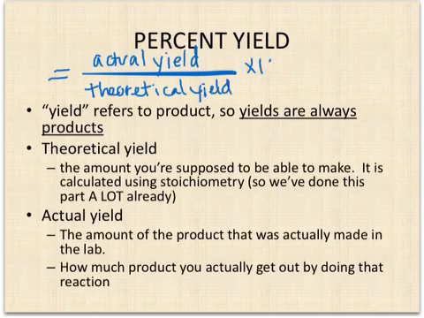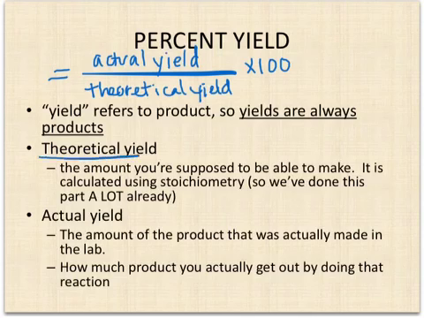And we multiply that by 100 to change it to a percentage, because it needs to be in the form of a percent. So this is how we measure efficiency, with percent yield. And yield refers to a product, so yields are always products. You'll never put an amount of a reactant in this calculation.